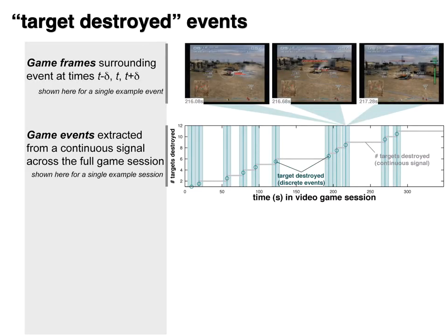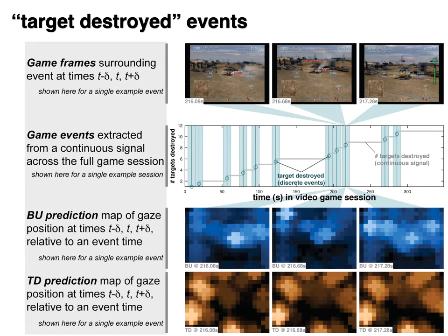Around each event, we are going to look not only at the video frames, but we are also going to process them through the models, and hence compute over those frames both the bottom-up prediction from the saliency model and also top-down predictions from that Bayesian model that I showed you previously.